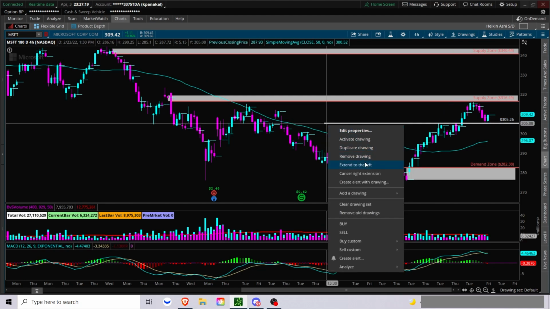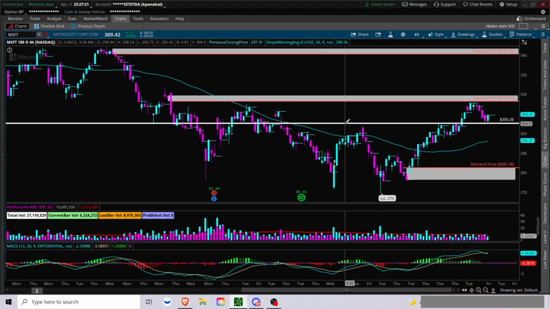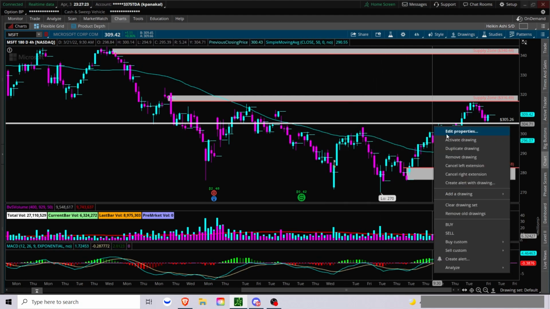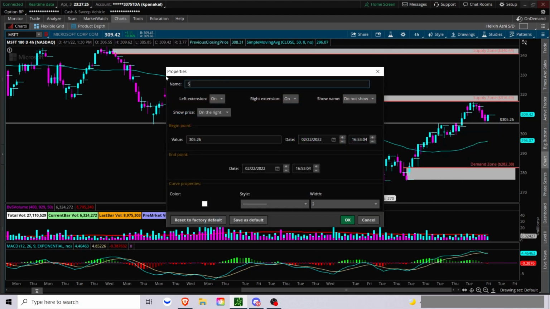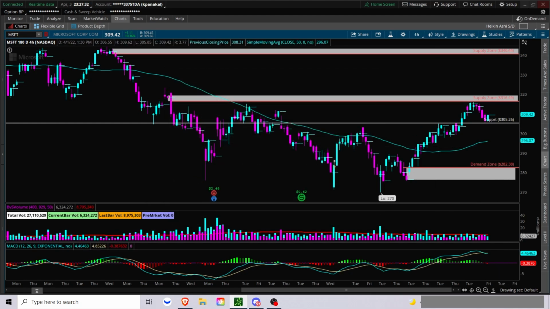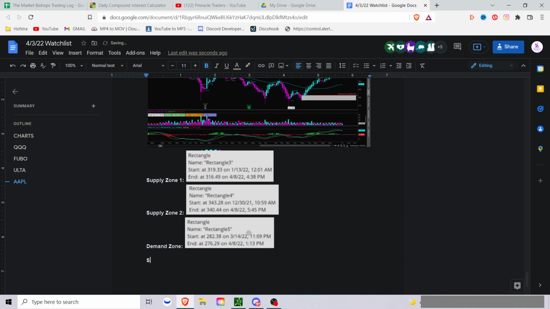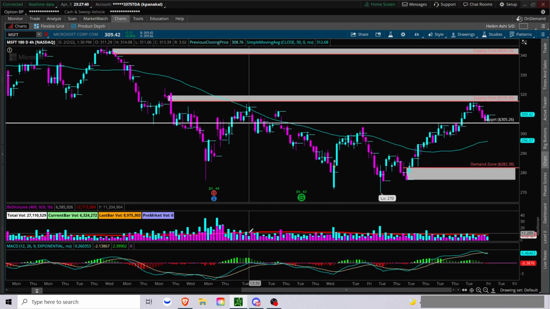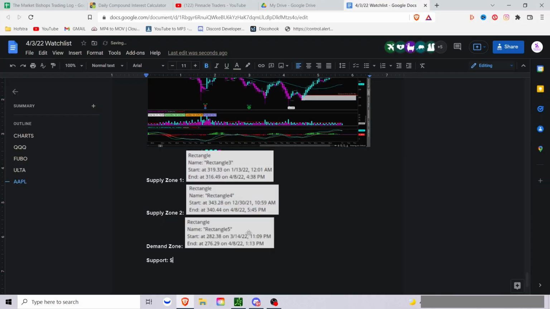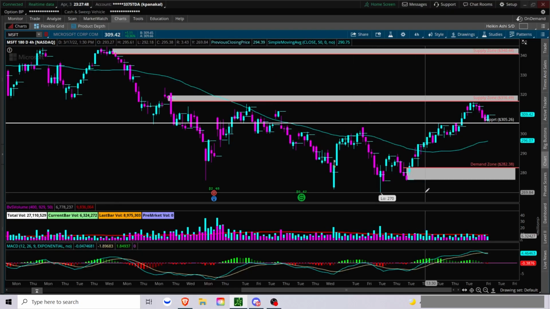Okay, so we actually do have a support level, right? We have support at 305.26. Let me just write that down. For some reason, I still can't get ULTA out of my mind.